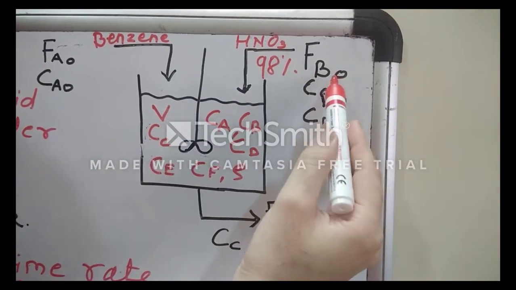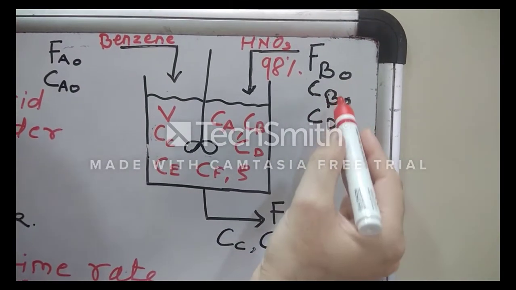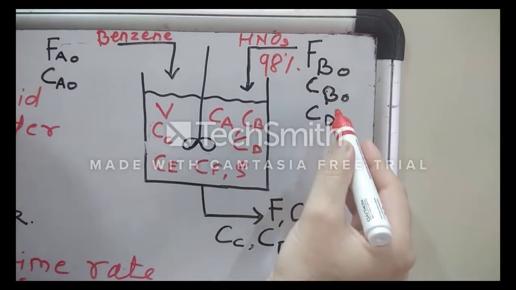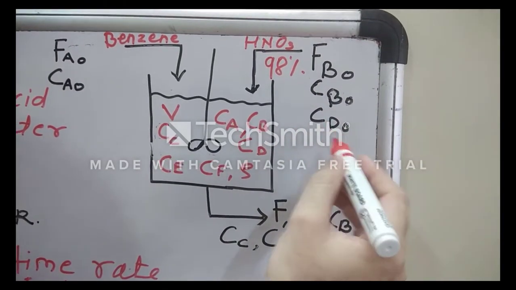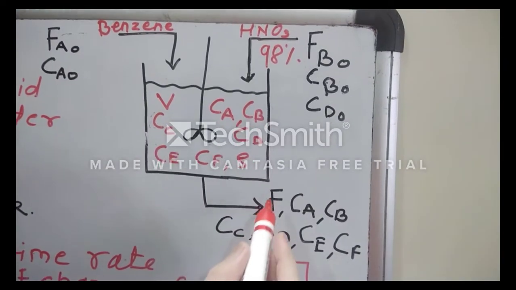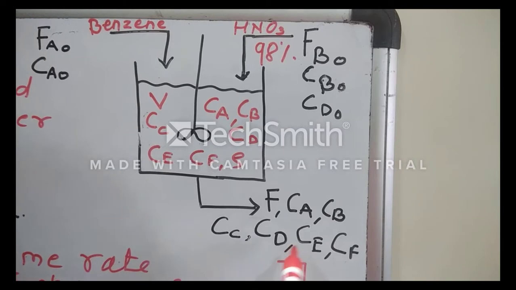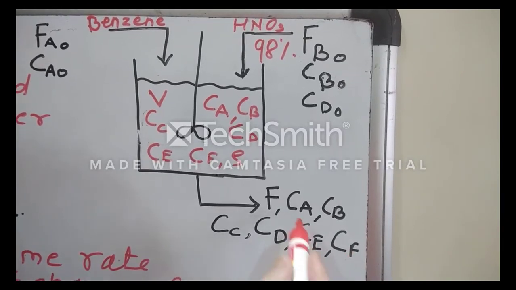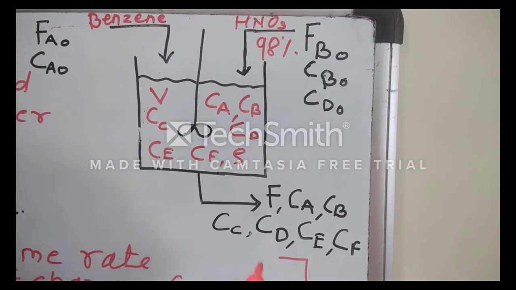Fb0 is the inlet flow rate for nitric acid. Cb0 is the concentration of nitric acid, and as it contains water also, we write Cd0 as an inlet concentration, and the outlet stream has F as the outlet flow rate with Ca, Cb, Cc, Cd, Ce, Cf as the outlet concentrations of these different components respectively.